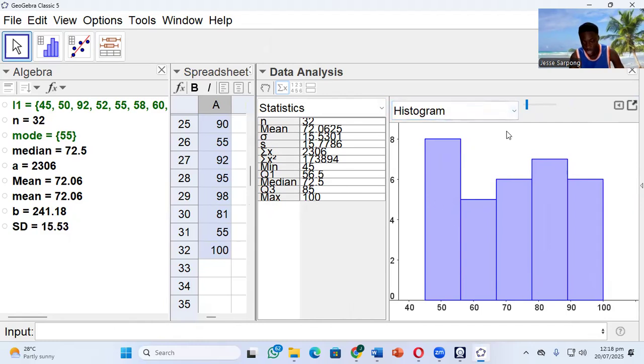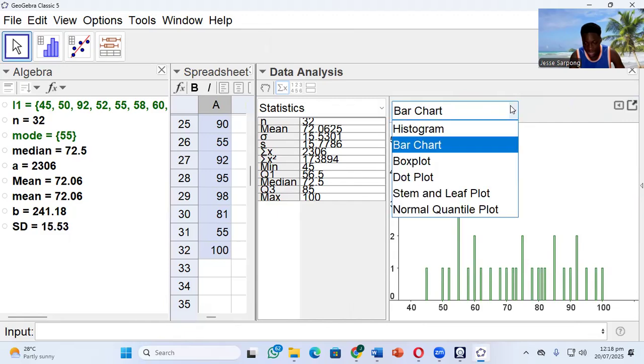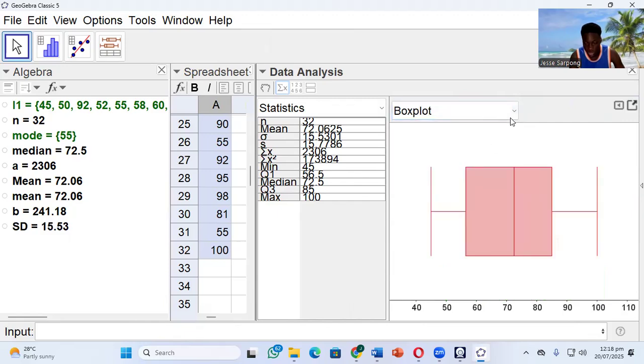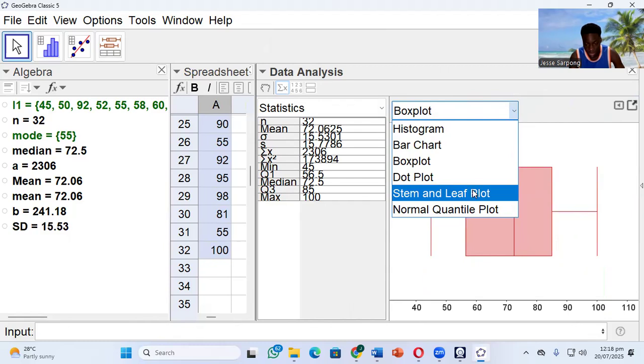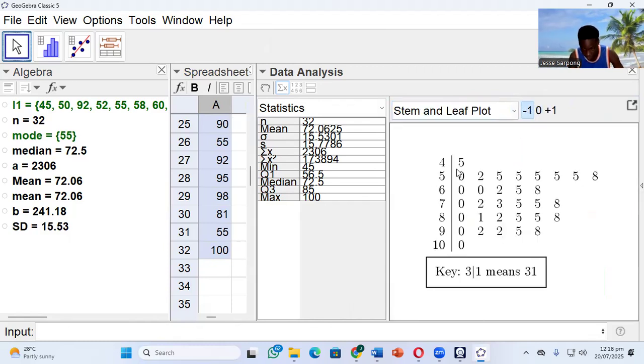Here too, we can look at the graphs: a histogram, bar chart, box plot, and stem and leaf plot. In the stem and leaf plot, you can see the key, and this is the mean. So 4, 5 is 45, 50, 52, 55, 55, 55, 55, 55.